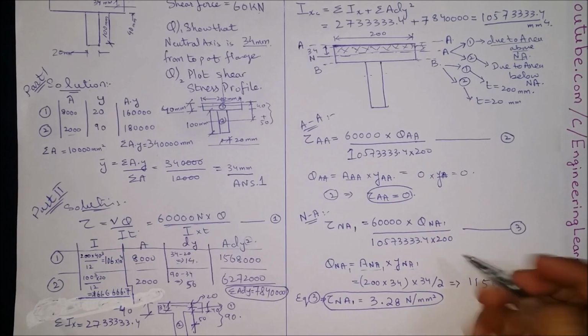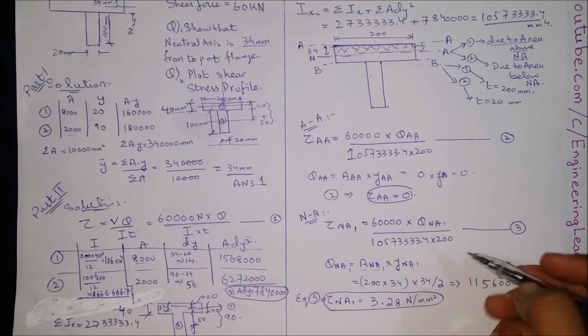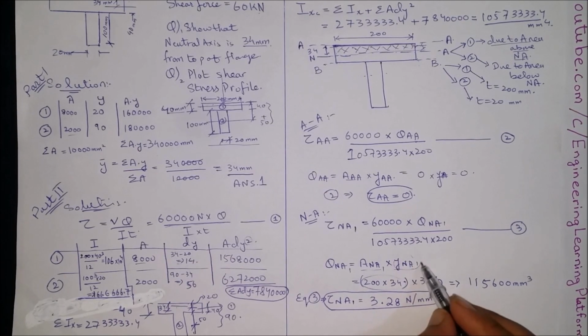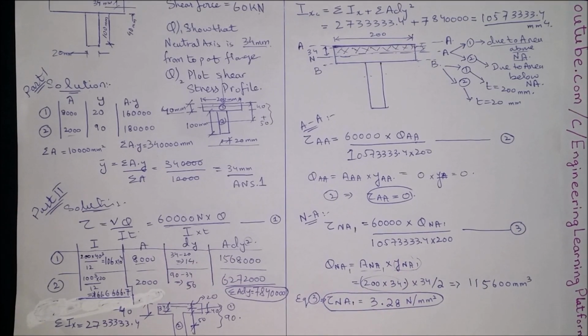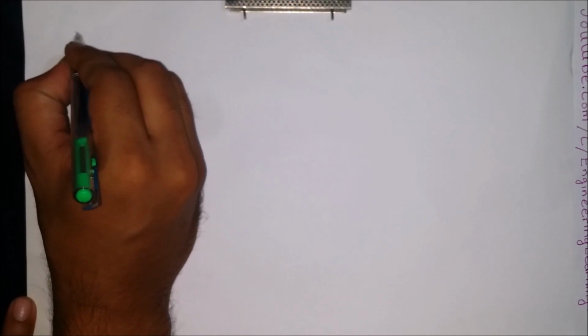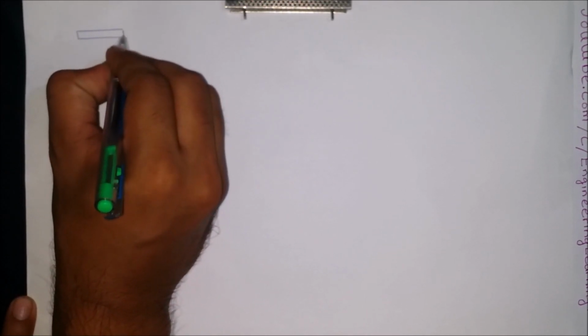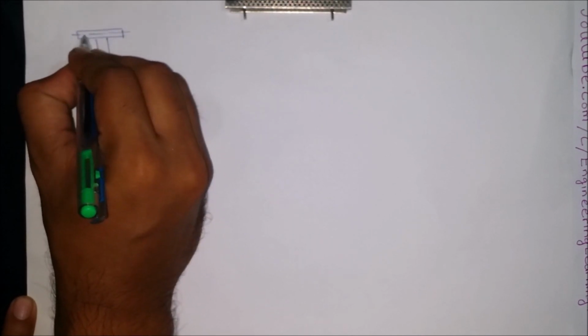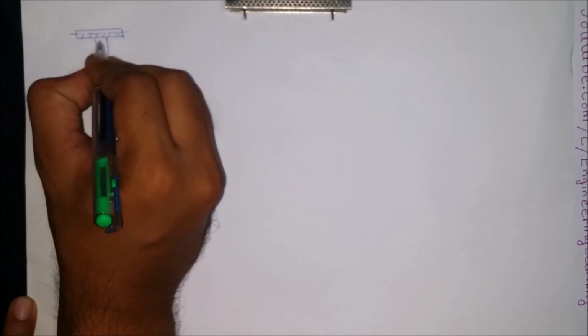Now we will use the same procedure, but the difference will be we will use the area below the neutral axis and the centroidal distance below the neutral axis. Considering the area below the neutral axis, the total area will be the shaded one.